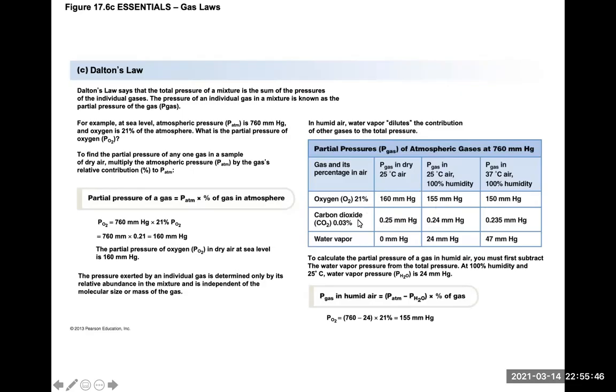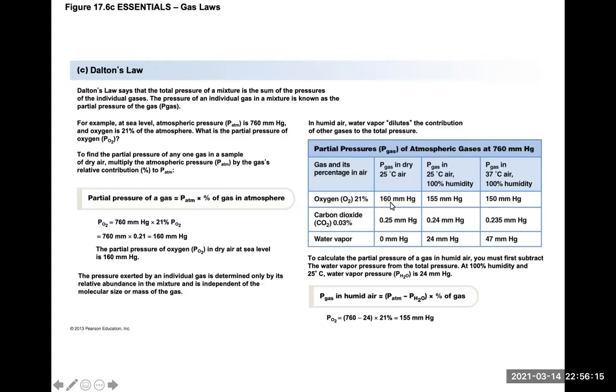You've got oxygen, carbon dioxide, and water vapor in this particular mixture. For example, in dry air, here in this first column, with a total pressure of 760 millimeters of mercury, PO2, the partial pressure of O2, is something like 160 millimeters of mercury.